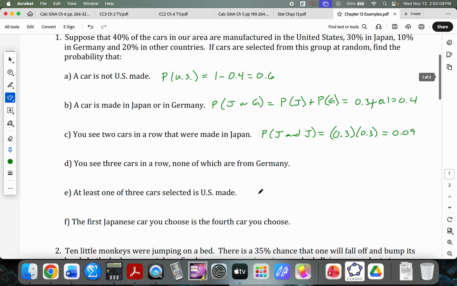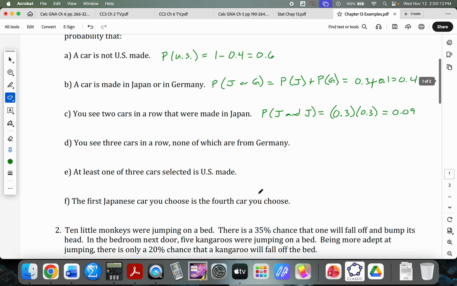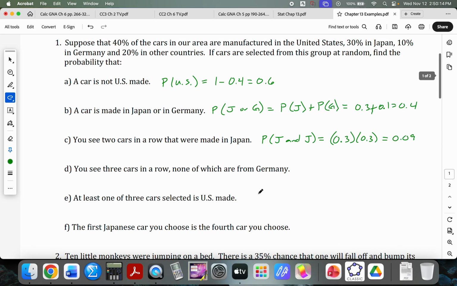All right. So what's the probability that you see 3 cars in a row, none of which are from Germany? So this is the probability of not Germany and not Germany and not Germany.